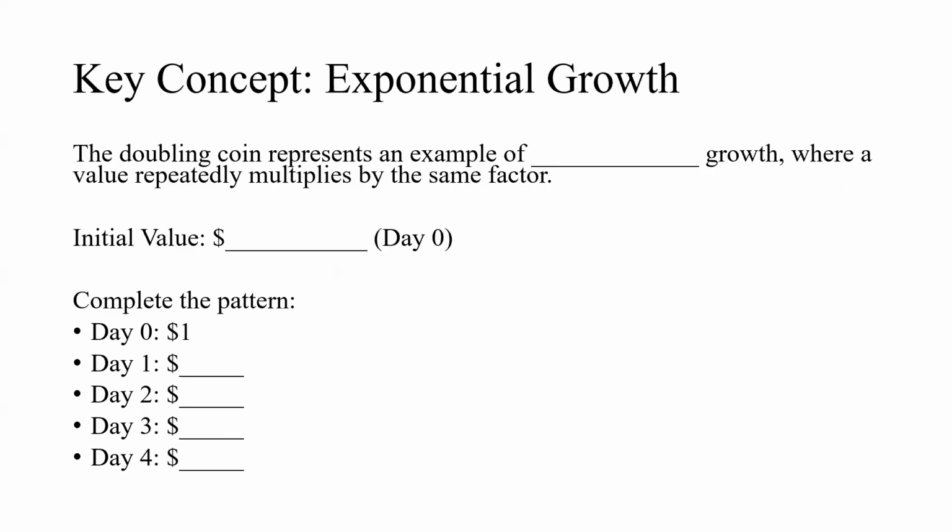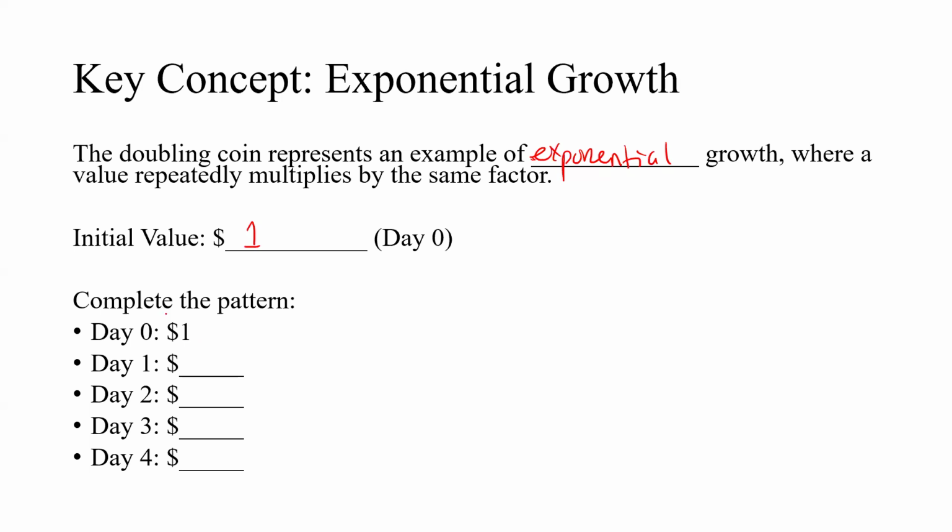The first thing we're going to start off with is talking about the doubling coin representing an example of what? Exponential. Good job. It's an example of exponential growth, where a value is repeatedly multiplied by the same factor. Our initial value here is what? 1.